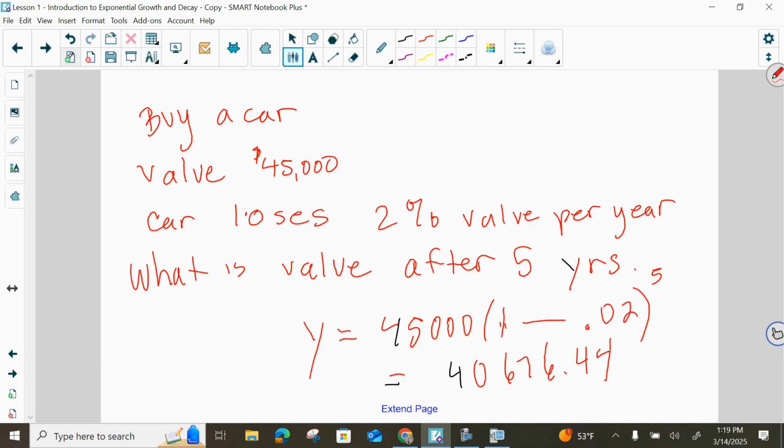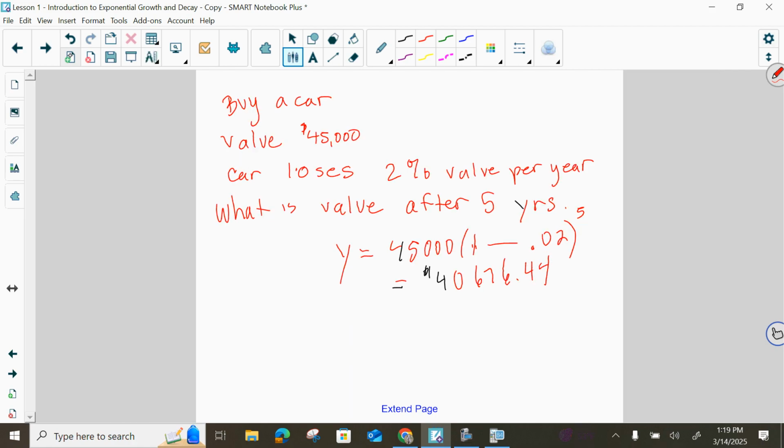Very good. So the value is 40,676.44. Is everybody okay with that? Okay. All right, let's do the guessing game, right? How long does it take to half its value?